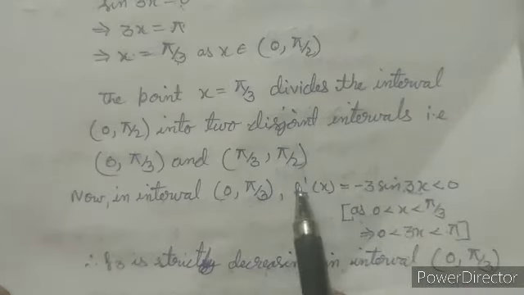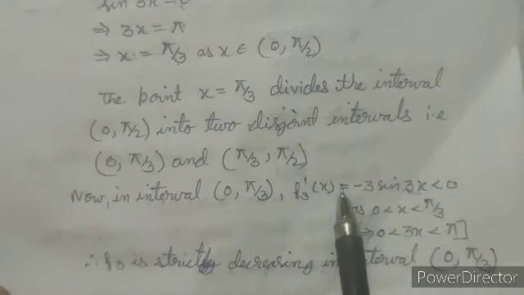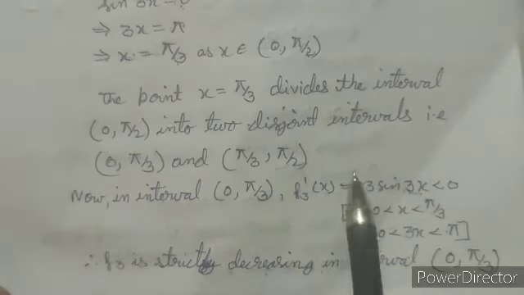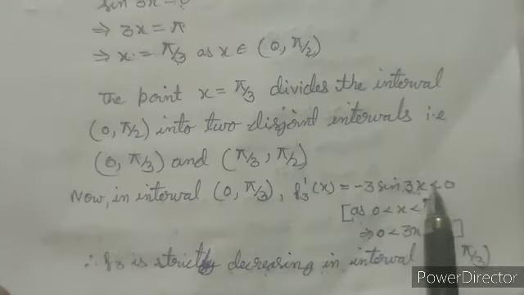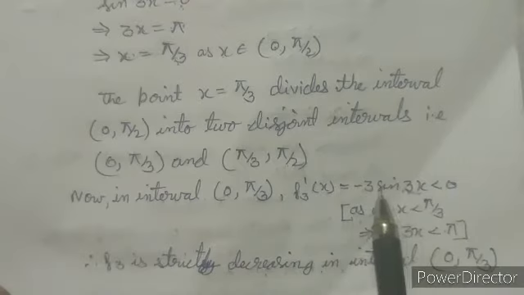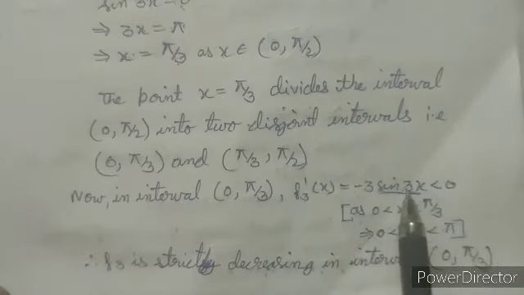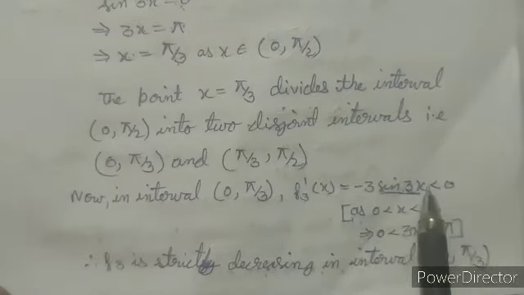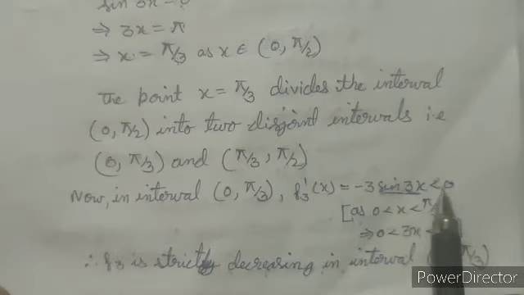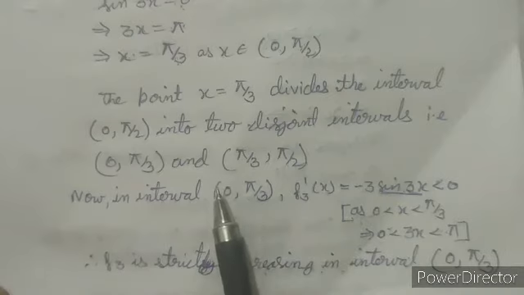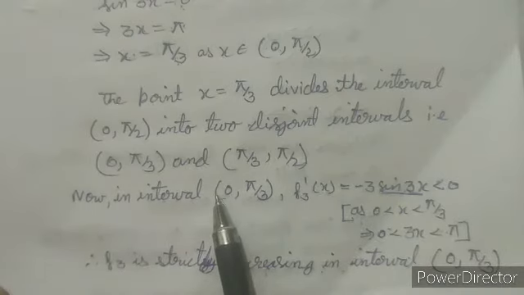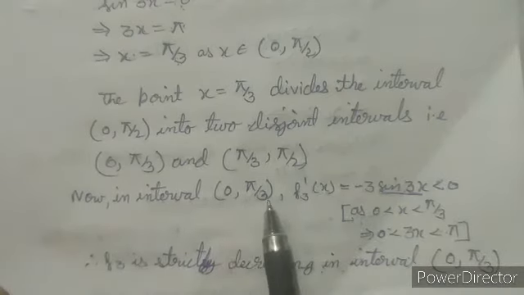Now in interval 0 to pi by 3, f3 dash x will be equal to minus 3 sin 3x, and that will be less than 0, as sin 3x will be greater than 0 in interval 0 to pi. So minus 3 sin 3x will be less than 0 in interval 0 to pi. Thus we can say that f3(x) is strictly decreasing in interval 0 to pi by 3.